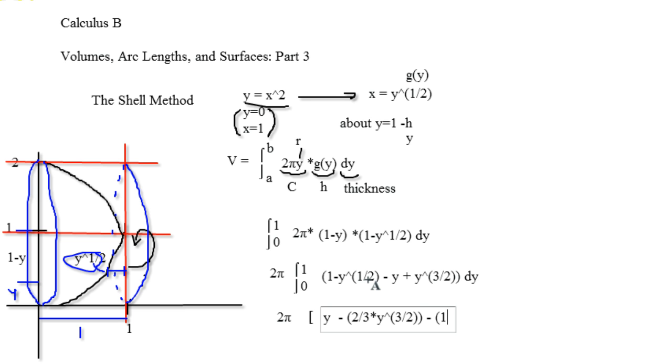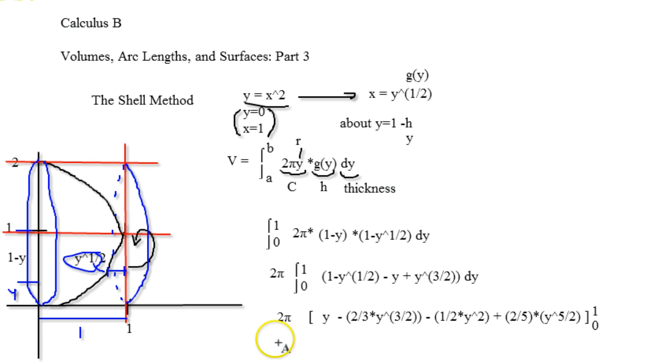And then this one is the trickiest one of all, because 3 halves plus 2 is 5 halves. So this would be 2/5 times y to the 5 halves. And we would go from 1 to 0 on it.